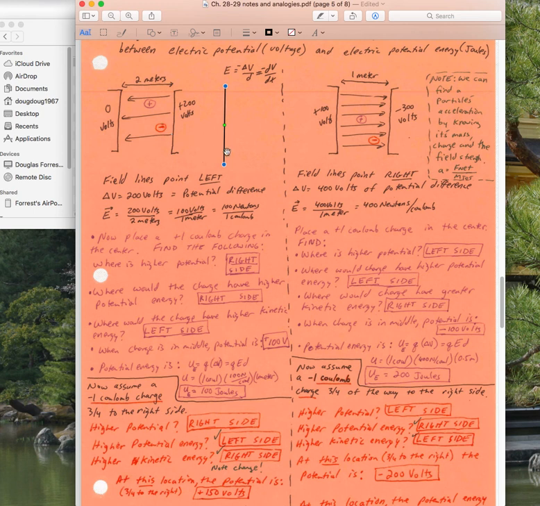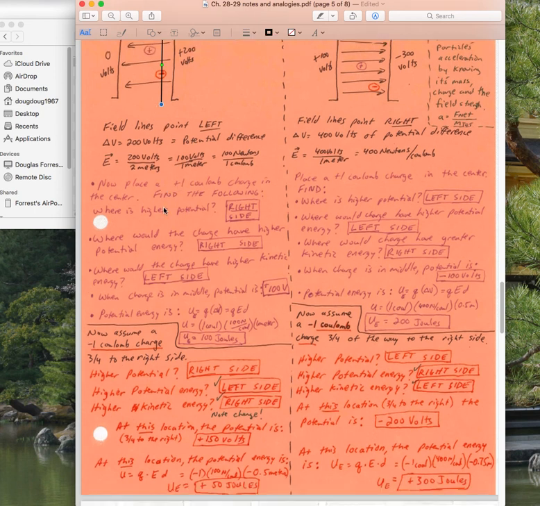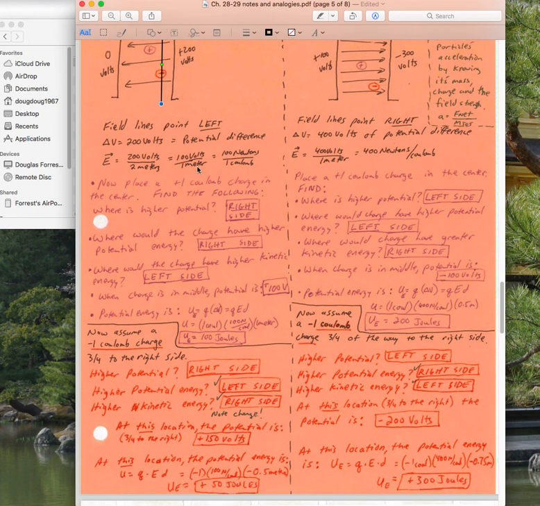So at this location here, which is at plus 150 volts, the potential, again, here is plus 150 volts. It's 3/4 of the way to the right side. The energy, however, is charge, electric field strength, and distance it could travel.